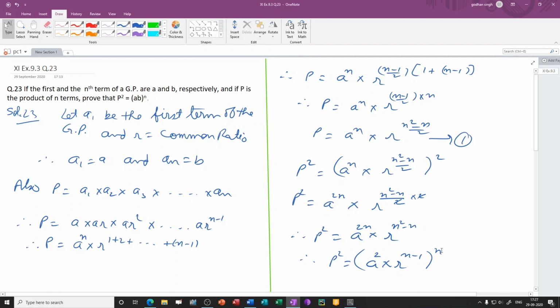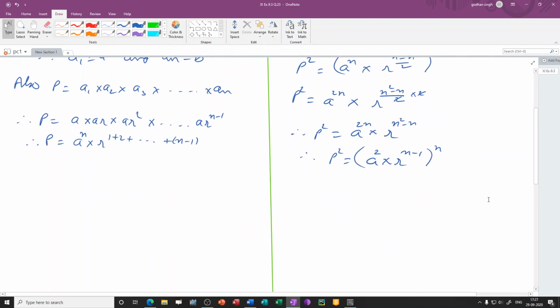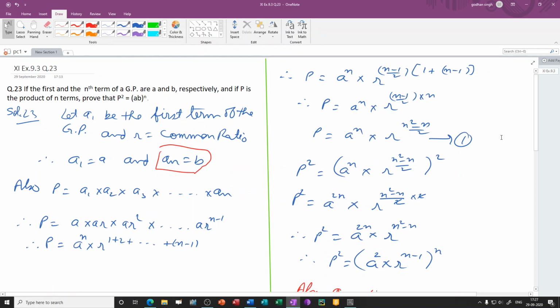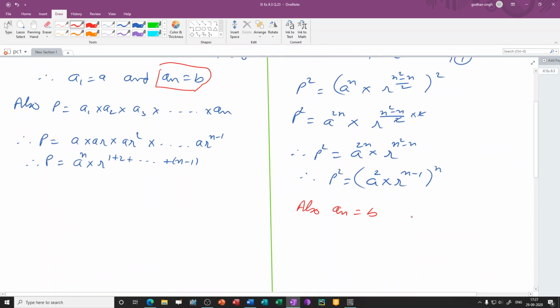Now what we have to do is, because it is also given to us that an equal to b, we'll take the help of this. Let this be question number 2, an equal to b, and we'll be applying here the formula of the nth term of a GP.